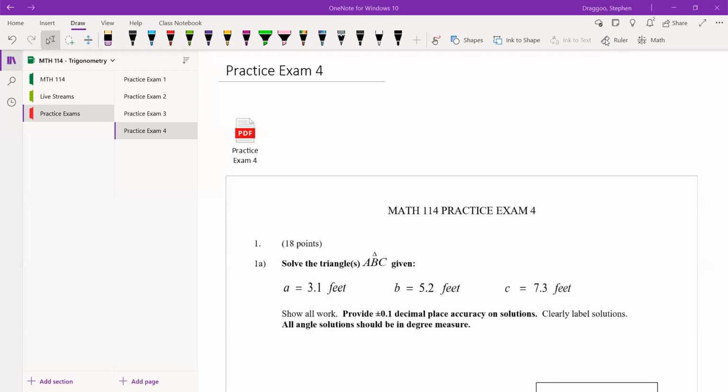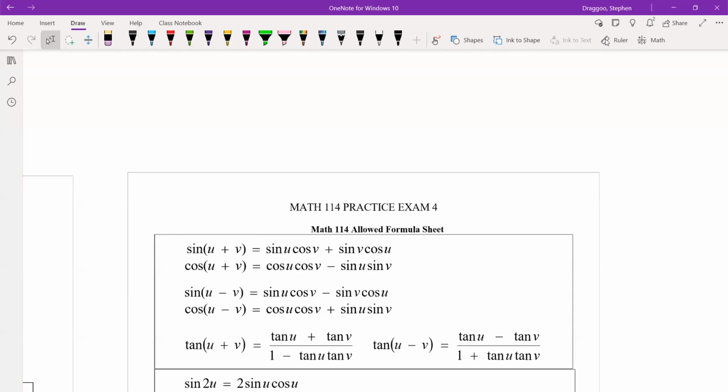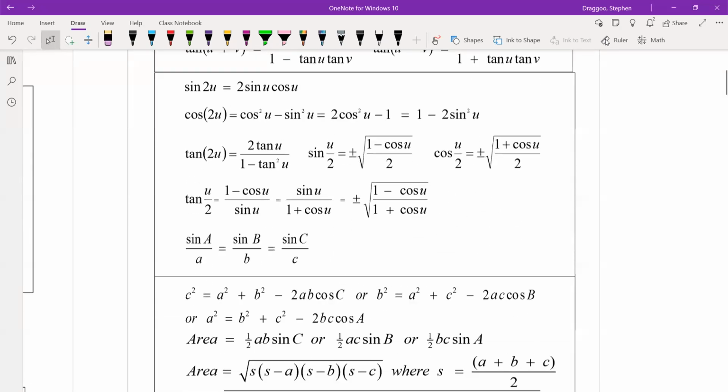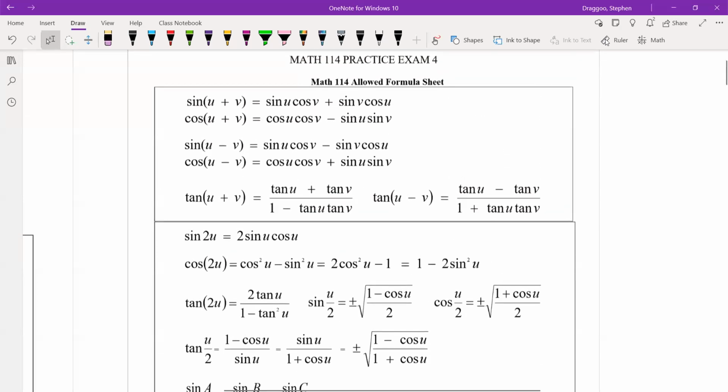So, first thing I want to mention, the very last page of our actual exam is this formula sheet currently on screen, and it goes for a whole page. If you want to detach that page so that you can have it separate as you're working on the exam, because you get all these formulas, that is totally fine.